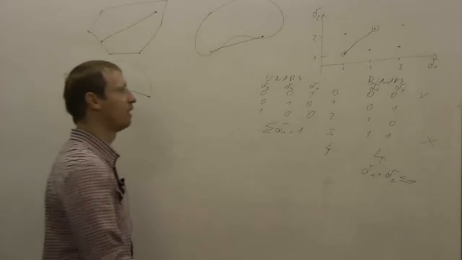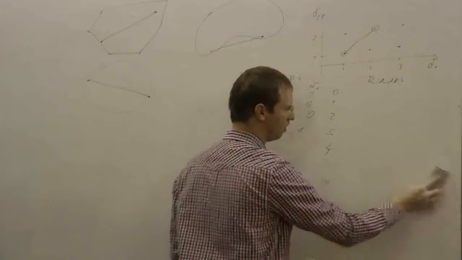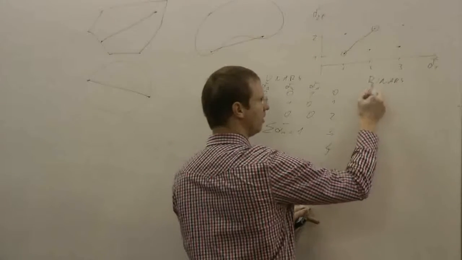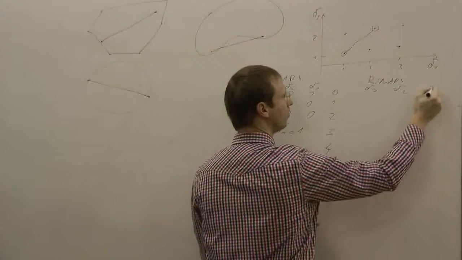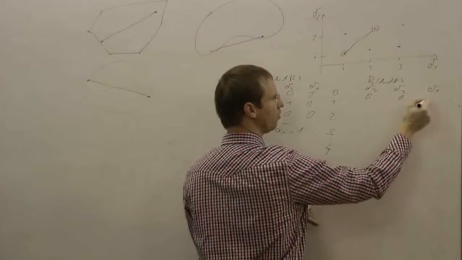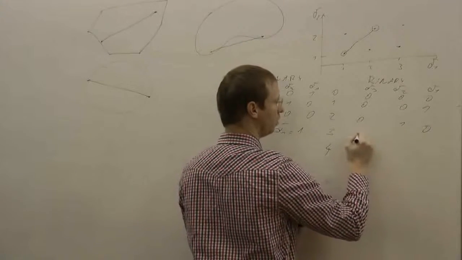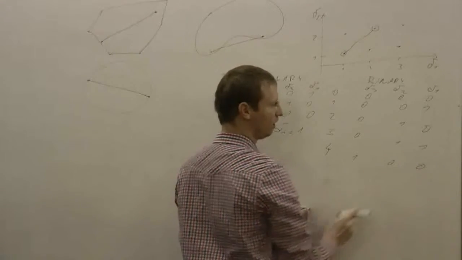Well, first of all, how many bits do we need in the binary encoding now? Yes, we need 3 bits, right? So delta 3, delta 2, delta 1. So this code would be 0, 0, 0. This would be 0, 0, 1, 0, 1, 0, 0, 1, 1. And now we have 1, 0, 0, right?